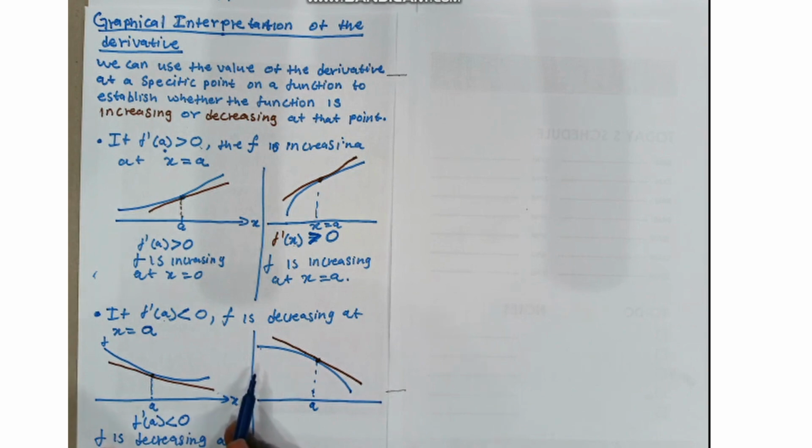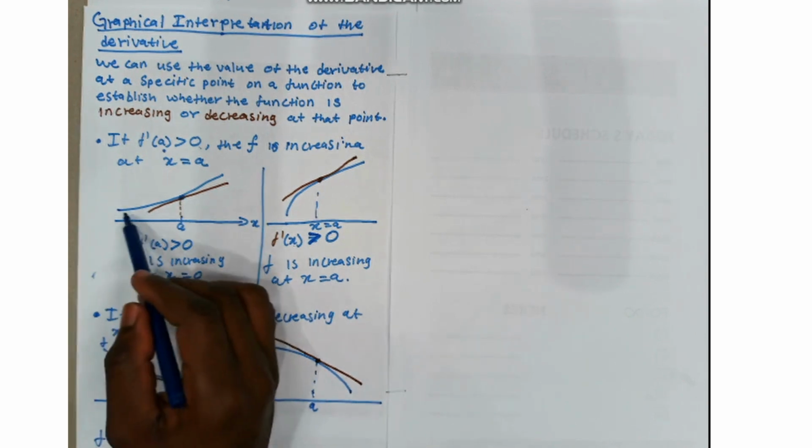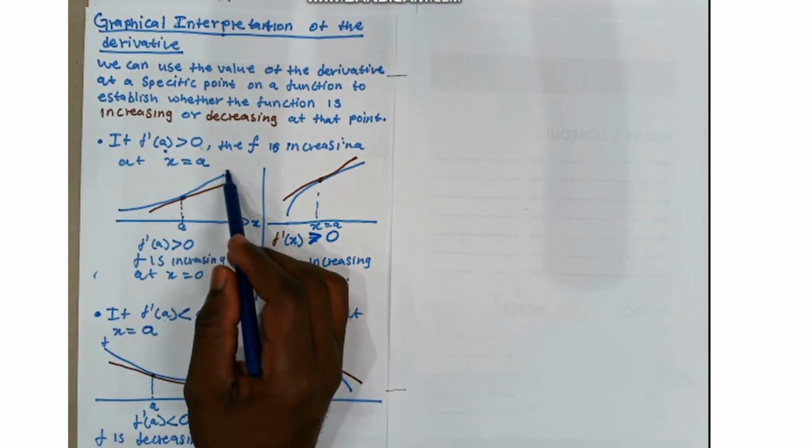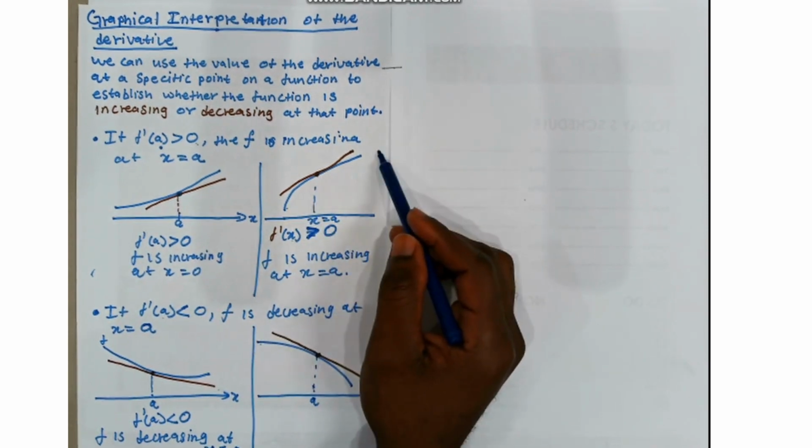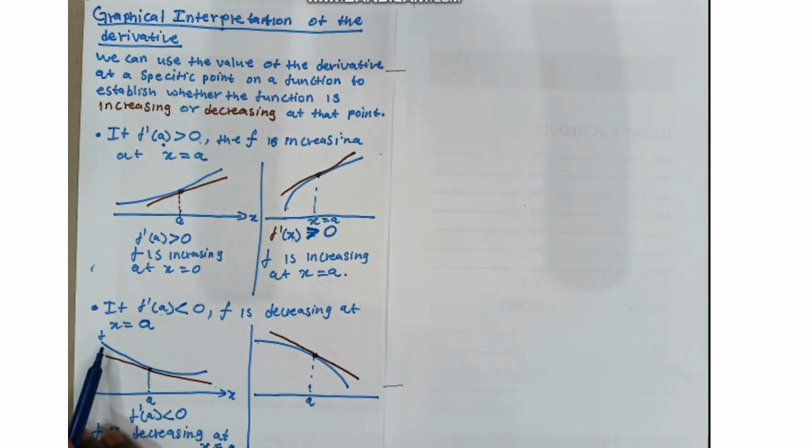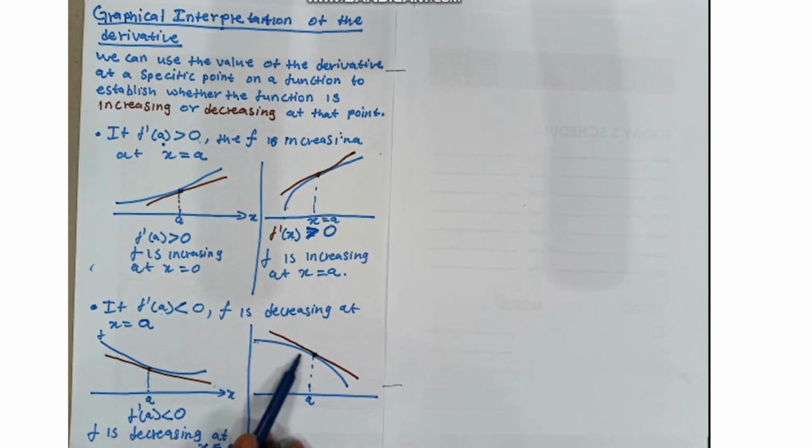Now when you look at your graph from here, going down, going down, going down, so from the top going down, it's decreasing. From here going here, it's increasing. Starting at the top, going here, going here, decreasing. I hope you see the difference.